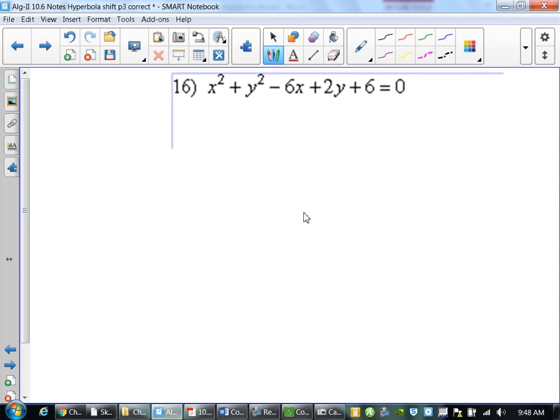Okay. So you have x squared plus y squared minus 6x plus 2y plus 6. Since there's a plus sign between the x squared and the y squared, it might be either an ellipse or a circle, depending on their a's and b's. So group them together.